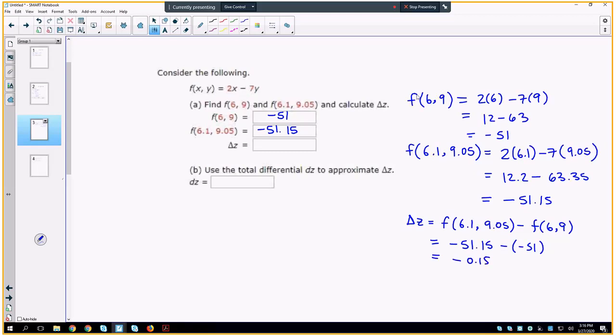So delta z, just the difference between these two, is minus 0.15.